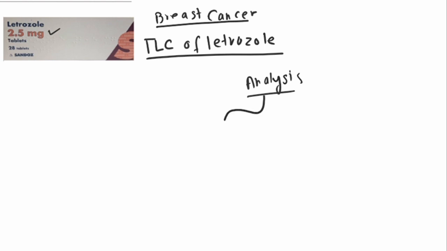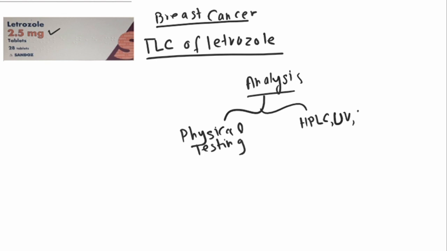There are certain physical tests, and some like HPLC, and then UV, IR. These types of tests are also done, and MS is sometimes also done on some tablets. For physical testing, we are mainly focused on their average weight.